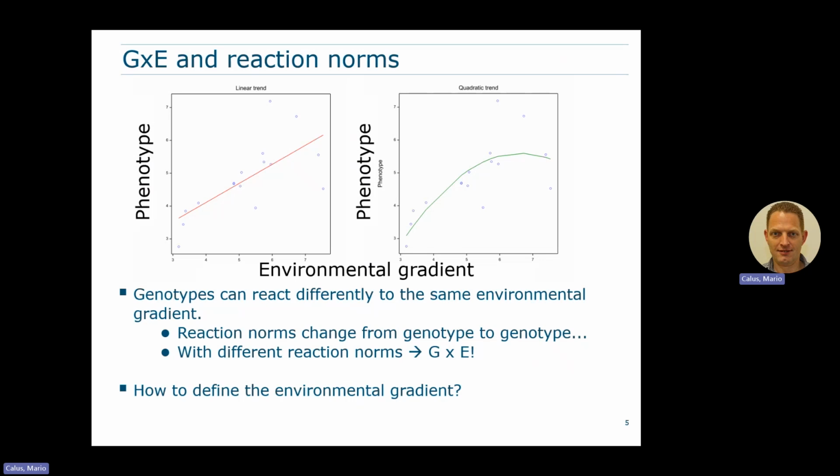So here we have two different individuals, and you can see that if the environment along the x-axis changes, their phenotypes respond differently to changes in the environment. If we see this differential response to differences in the environment, then we say that there's genotype by environment interaction. And one critical thing here is how do we define this environmental gradient?